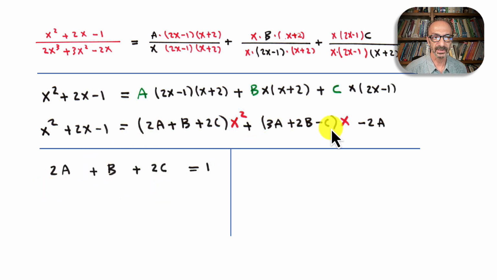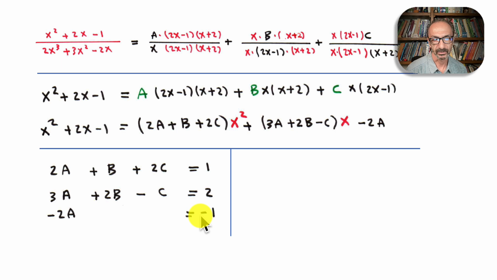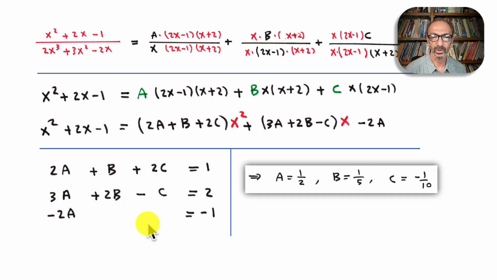The second equation will be this, which should equal 2. And the constant should equal our constant on the left, which is -1. -2a should equal -1. Using algebra steps, elimination and substitution, we get a equals 1/2 and b equals 1/5 and c equals -1/10.